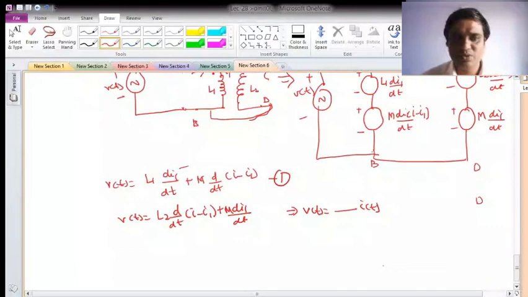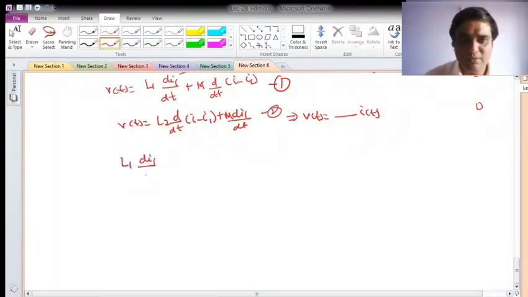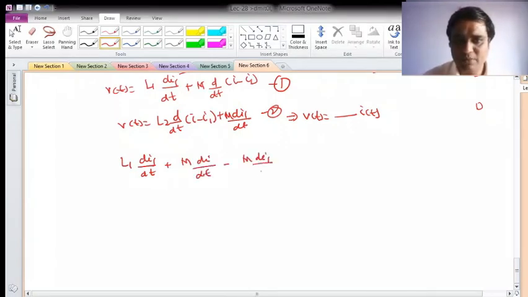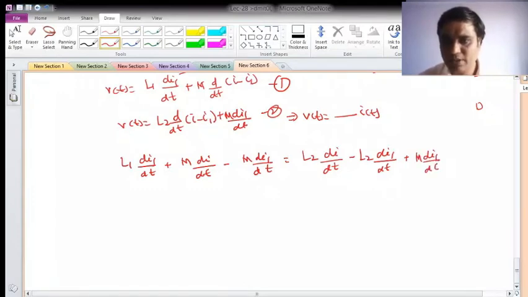For that we know the voltage across both AB and CD will remain the same. So I'll equate the right sides. It will be L1 di1 by dt plus M di by dt minus M di1 by dt. For equation 1, what is the right side? L2 di by dt minus L2 di1 by dt plus M di1 by dt. Now let me write all the di1 terms.